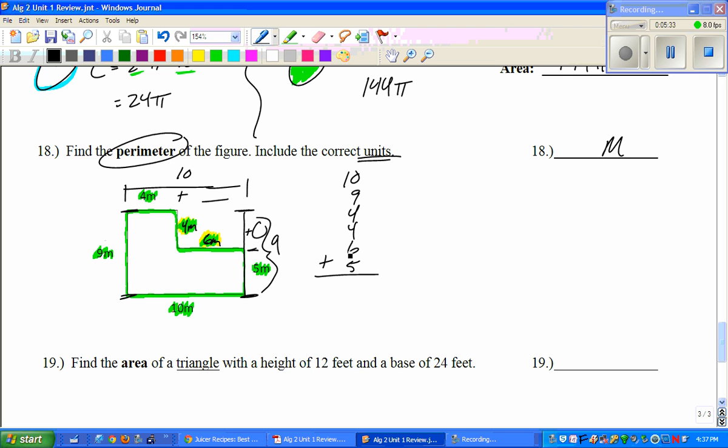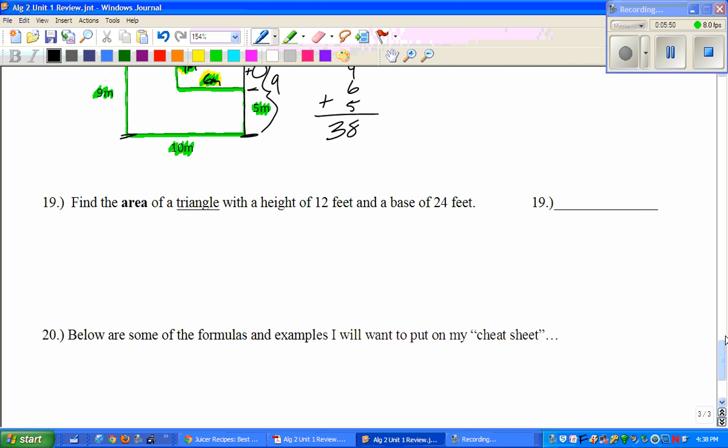Add up all of those numbers, and once you're done, you should get 38. Is that right? Yeah, 38. And our units are meters.